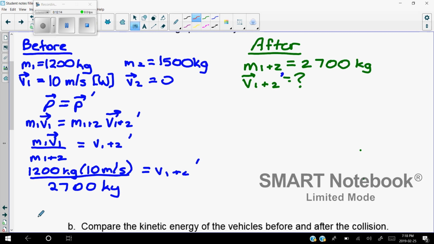Okay, so the answer is V1 plus 2 prime is equal to 4.44 meters per second in the west direction. All right, so now we can move on to part B.